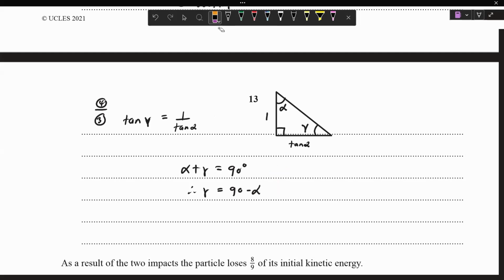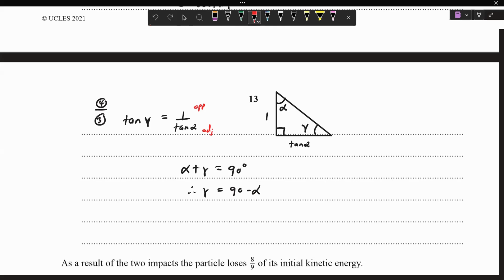Tan is opposite over adjacent, right? So if we have gamma here, on the opposite we should have a 1, and on the adjacent side we should have tan alpha. That's because of tan gamma, yes.